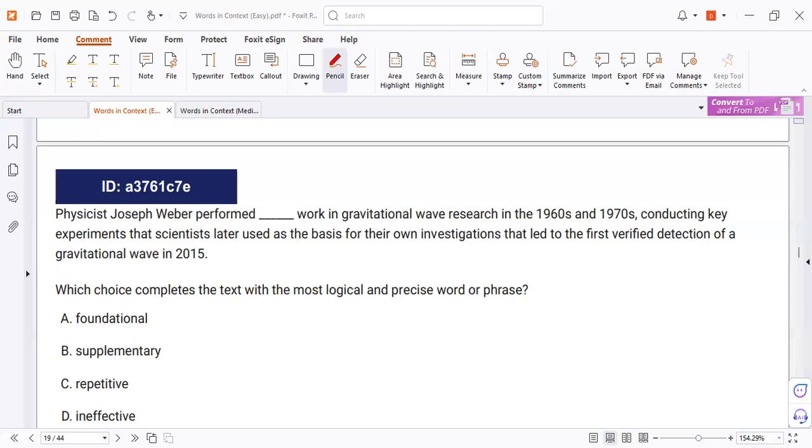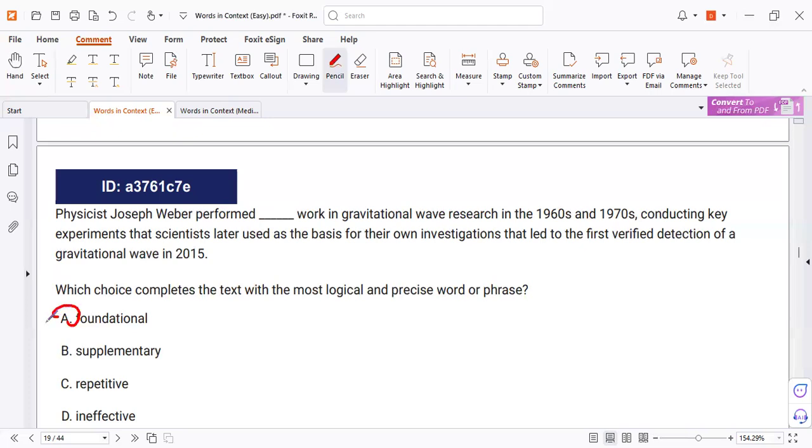Foundational. I think it's A. You think it's letter A, and it's letter A, correct.